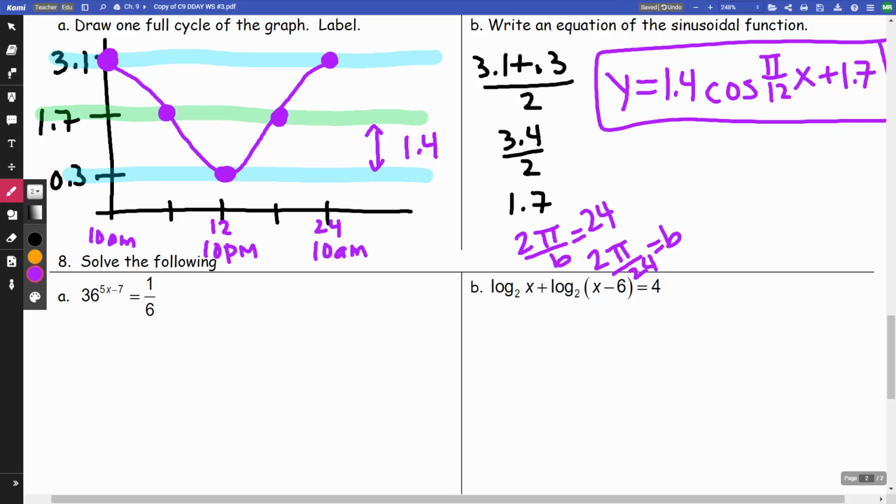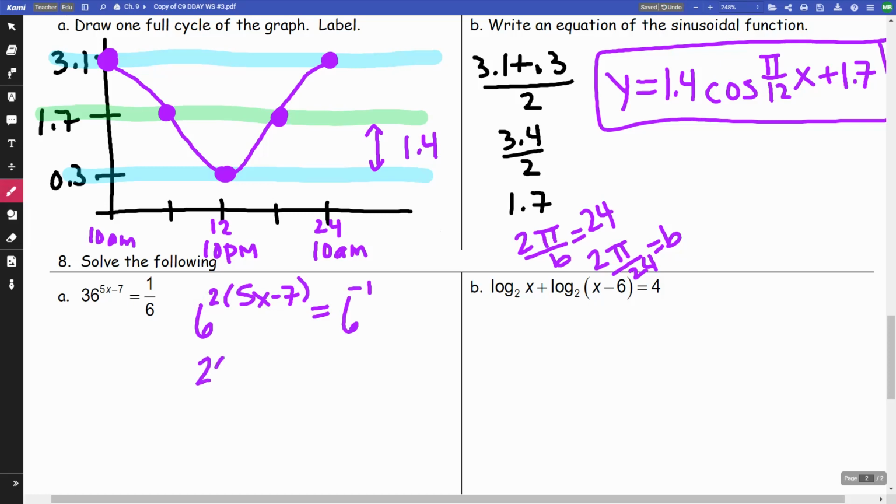On 36, we want to get them to be the same base. So 36 is going to be 6 squared raised to the power of 5x minus 7. 5x minus 7 is equal to 1/6, which is 6 to the negative first.